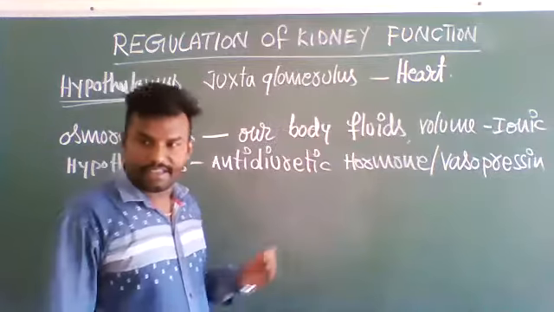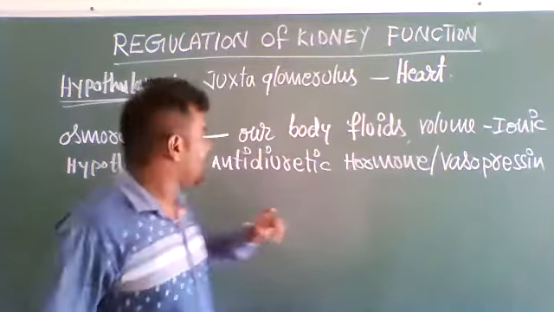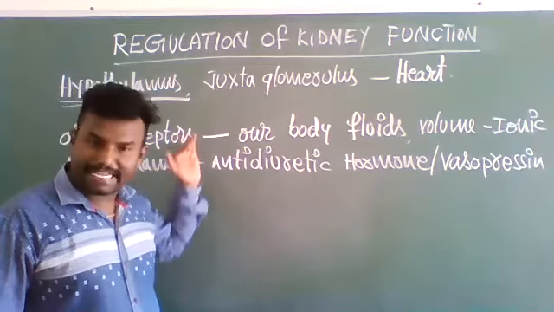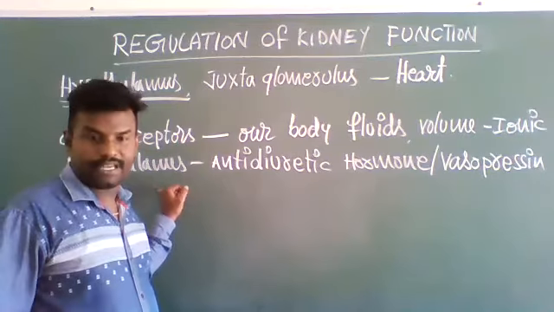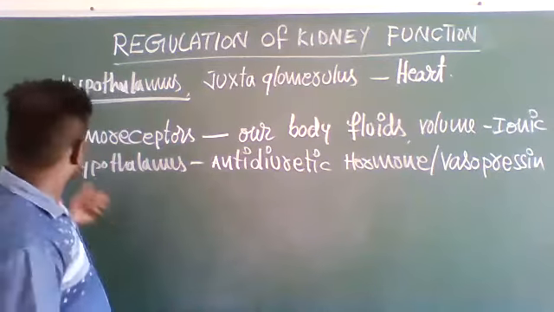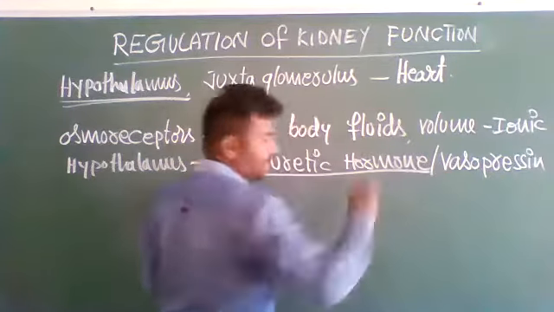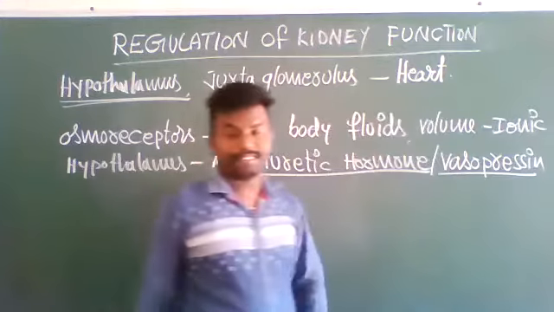When any change happens in body fluids, volume and ionic concentration, the osmoreceptors activate and stimulate the hypothalamus to release antidiuretic hormone, or vasopressin.